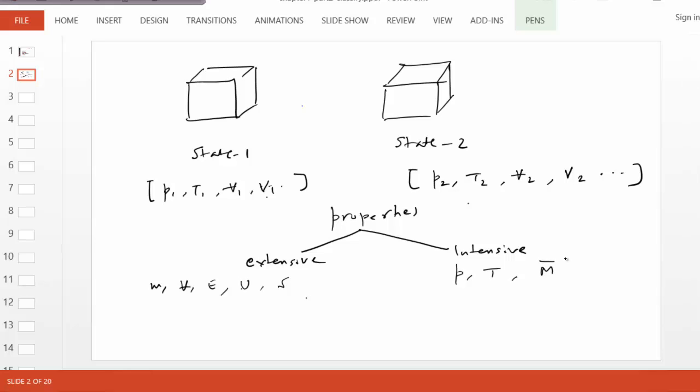So if you have two identical systems, two copper blocks at the same temperature, and you put them together, the temperature is still the same. It doesn't add up. Same with pressure.